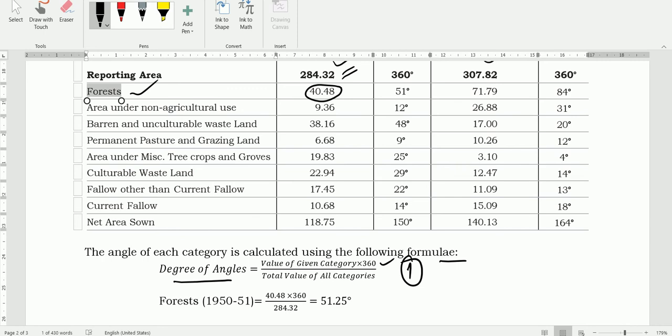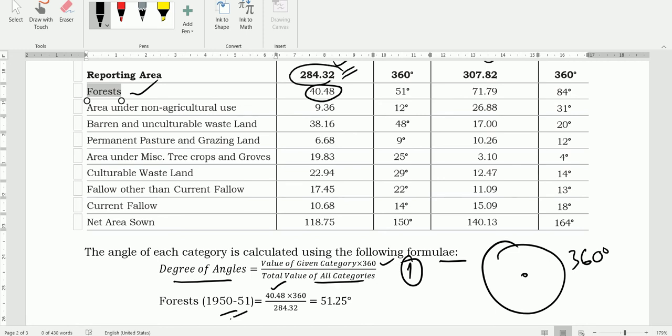Okay, so we have the example of forest for the year 1950-51. For the forest, we have 40.48 million hectares multiplied by 360, because as I told you, we have 360 degrees in a circle, to be divided by the total value of all categories.